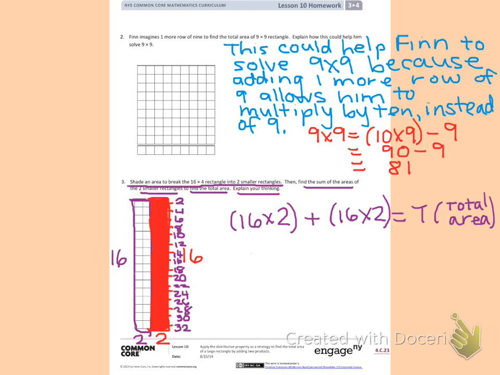So 16 groups of 2 is 32. Plus another 16 groups of 2 is 32. Now I could write that vertically to solve. 32 plus 32. 2 plus 2 is 4, and 3 tens plus 3 tens makes 6 tens.